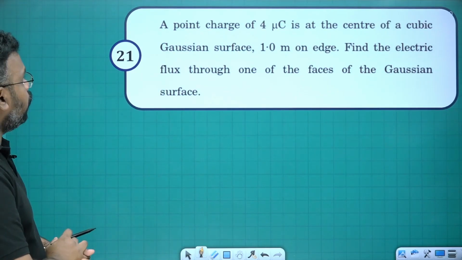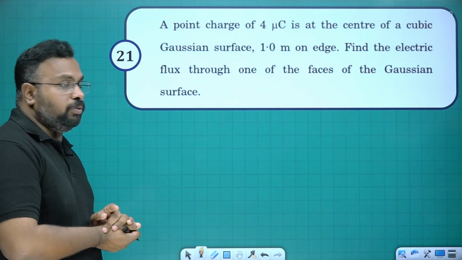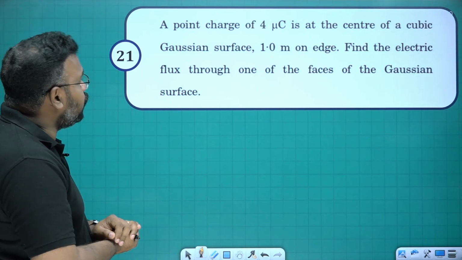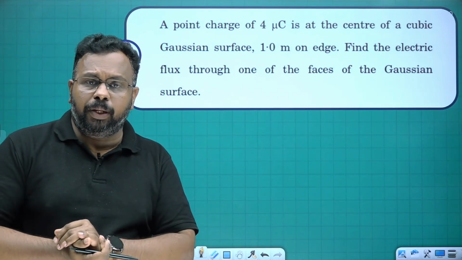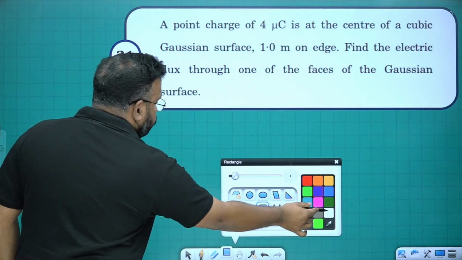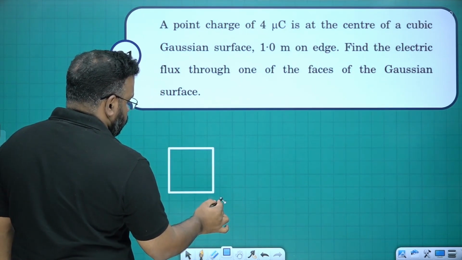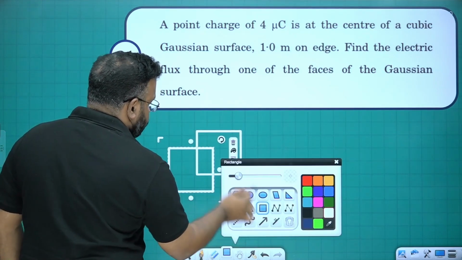Question number 21. A point charge of 4 microcoulomb is at the center of a cubic Gaussian surface of 1 meter on edge. Find the electric flux through one of the faces of the Gaussian surface. I hope this is a familiar question for all of you. There is a cube like this.